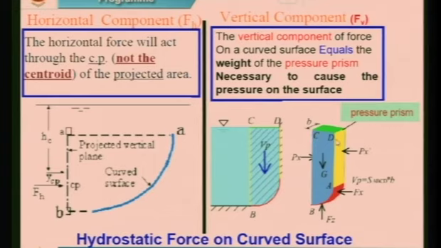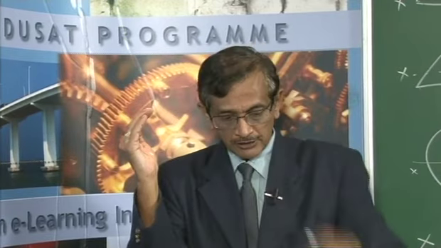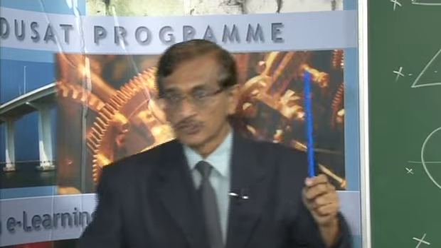Length will be the length of the gate. You can see my hand. This particular width which I am showing you here to here, that is your length. You can see here also, this is going to be the length of the gate. So that way we are going to multiply these two respective areas with the same length to get the volume of the water which is above the curved surface.